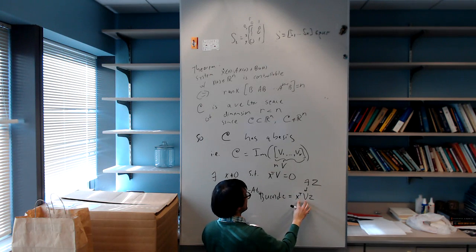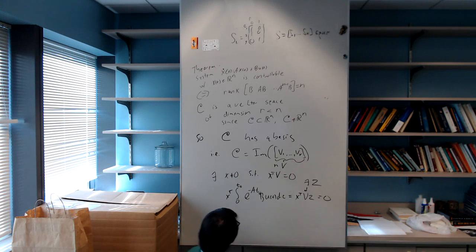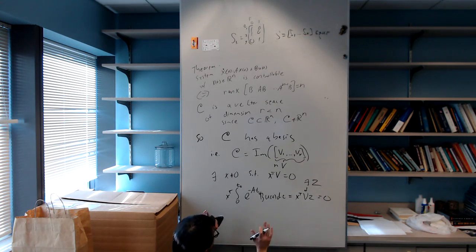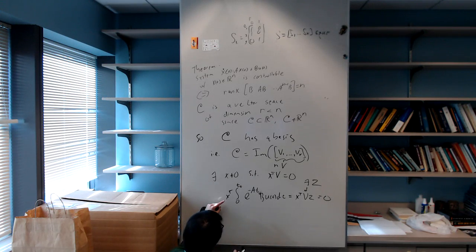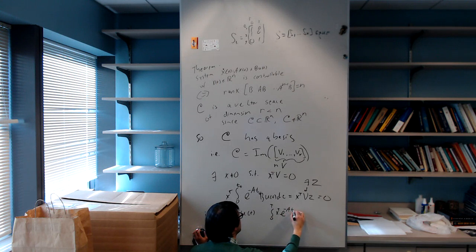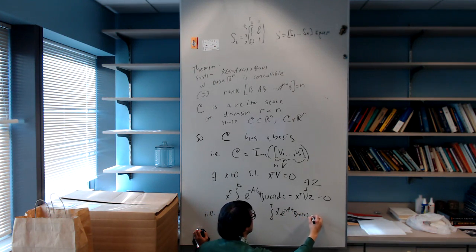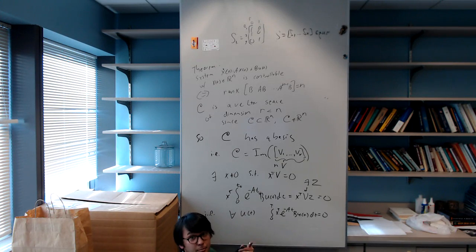So what is this based on what we have over here? It's equal to 0. And so what we've just seen from that basic fact from linear algebra is that for all inputs, x transpose times the integral of e to the minus At B u dt is equal to 0 for all possible inputs.